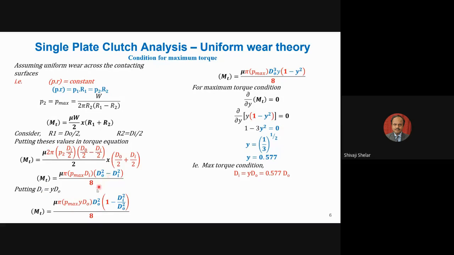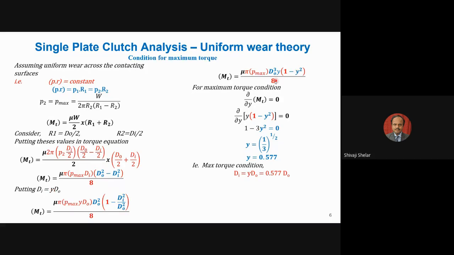In this equation, we have phi mu as it is, P max as it is. Di will be replaced by y do. So this is y do, and here we are taking do square outside. So we will have 1 minus (di by do) square. Again, di by do is nothing but y, so (di by do) square means y square.